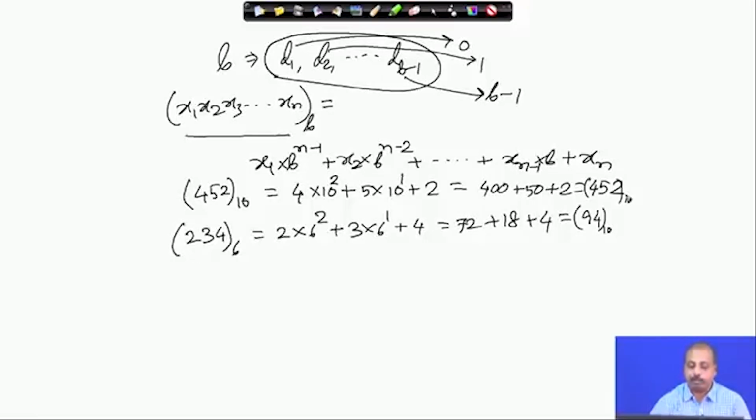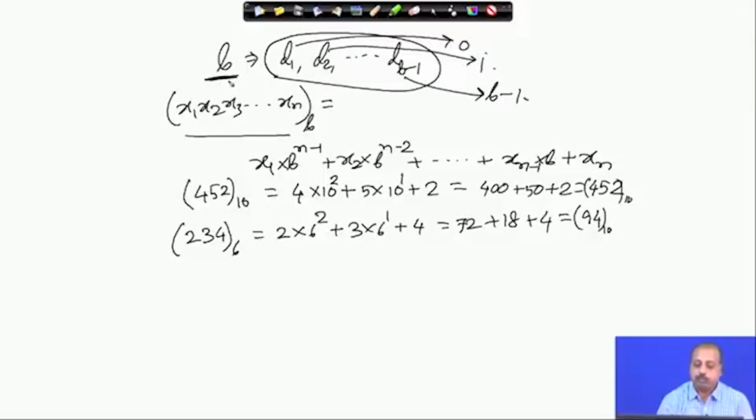But something to be noted is that if the base of the number system is b, then the digits must be 0, 1, like this up to b minus 1. It cannot have a digit whose value is more than b. That is not possible, and then it is not a valid number system.